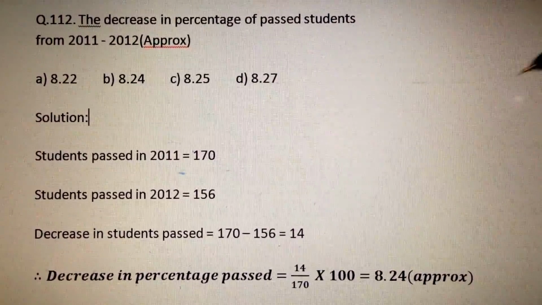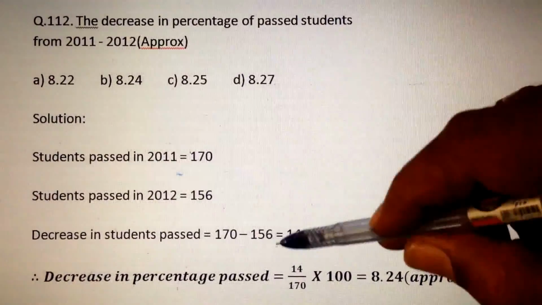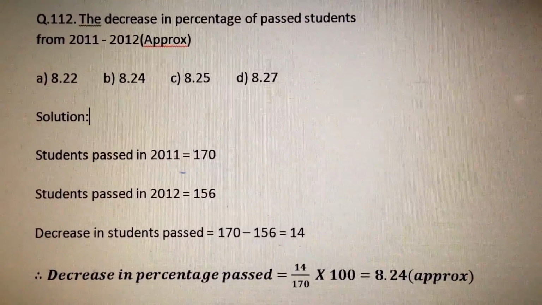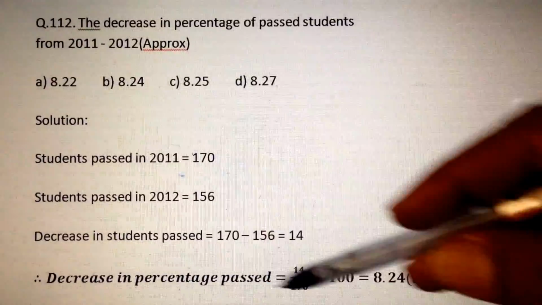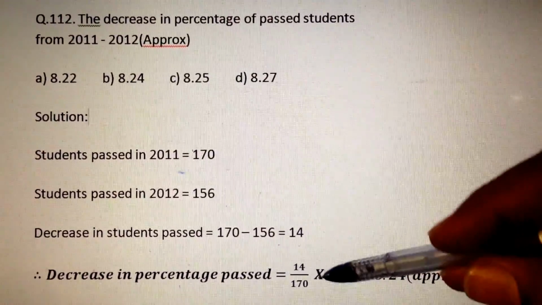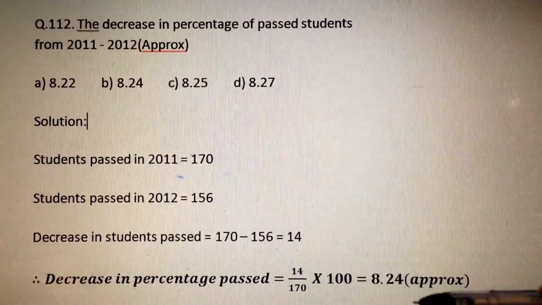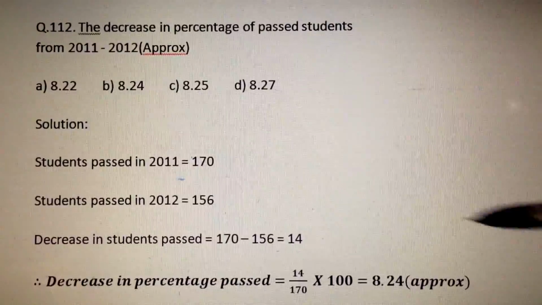There is a decrease. Therefore, the decrease in students passed is 170 minus 156, which is equal to 14. Now we have to find out the rate of decrease. Decrease in percentage pass is equal to 14 by 170 into 100, which is equal to 8.24 approximately. Therefore, our answer is option B.